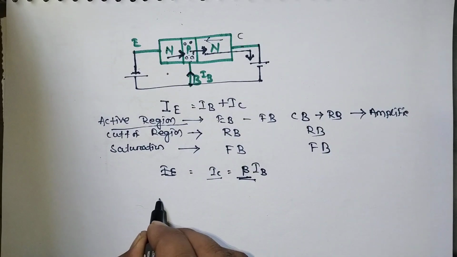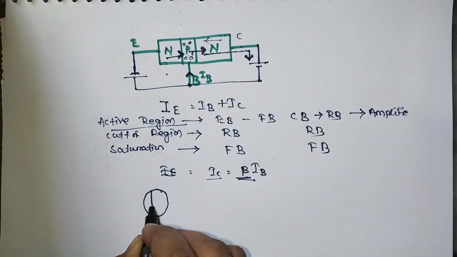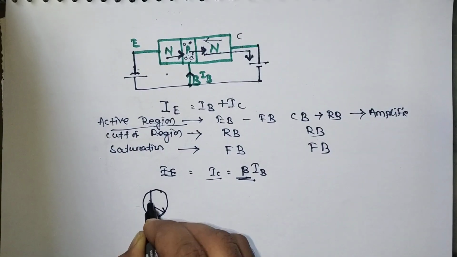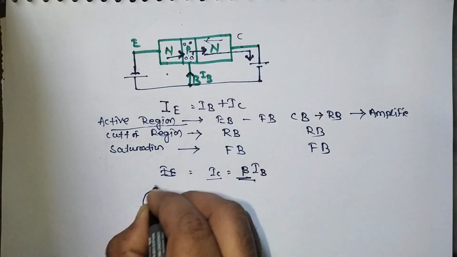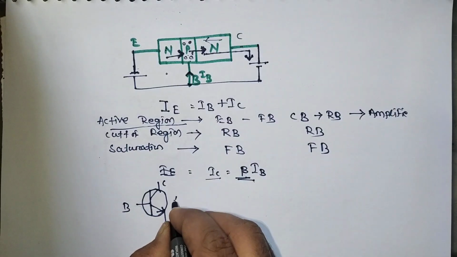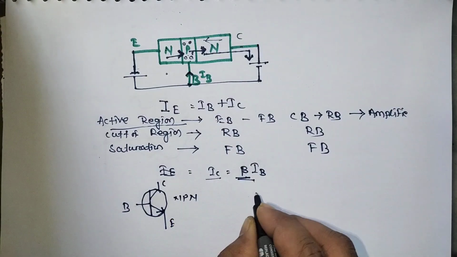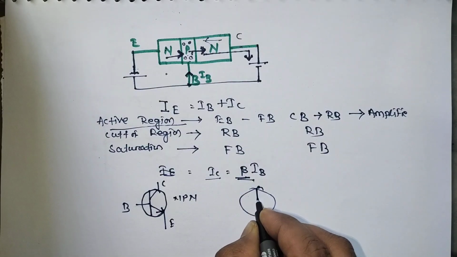Here basically two types of symbol are there. This is the NPN, with the emitter having the arrow outside, this is the collector, this is the base. And this is the PNP.